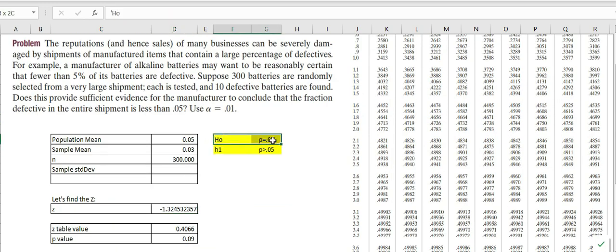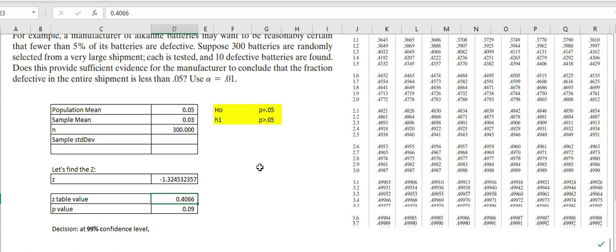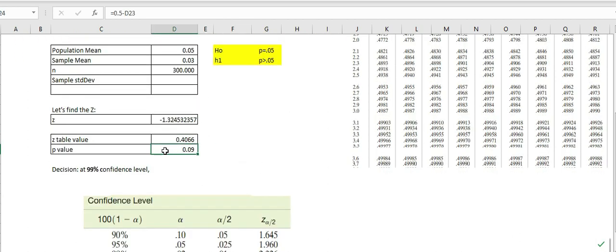Now that we computed the p-value, we found out that it is 0.09. On the initial decision using the z-value, accept the null hypothesis.